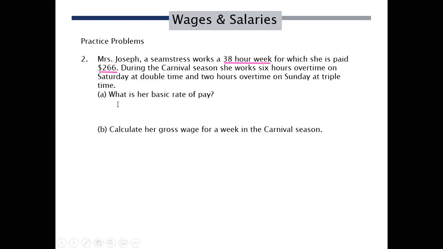I can say that she makes, let me write it out like this, 38 hours equals $266, which means 1 hour is going to be equal to 266 divided by 38.